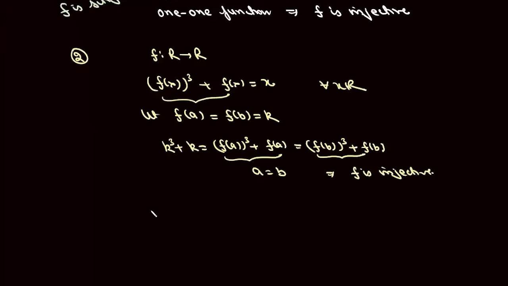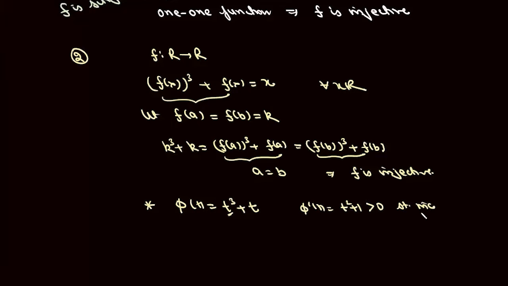Now this f(x) is actually the inverse of this function phi(t) equals t cube plus t, because phi(f(x)) will be f(x) cube plus f(x), which is simply x. And if we differentiate this, then phi dash(t) is t square plus 1. It is greater than 0, which is strictly increasing.